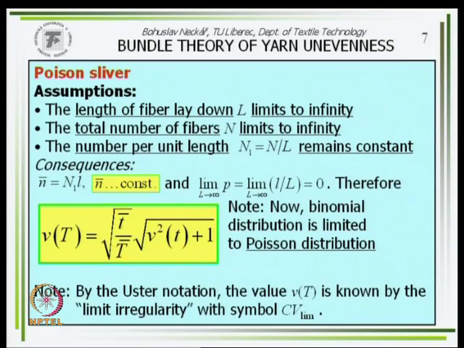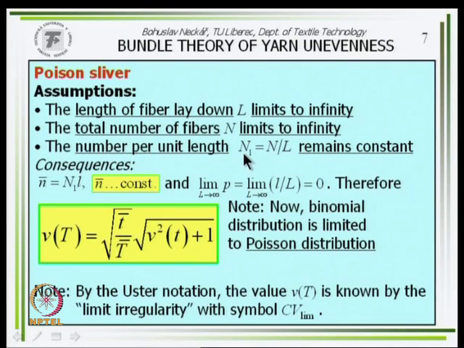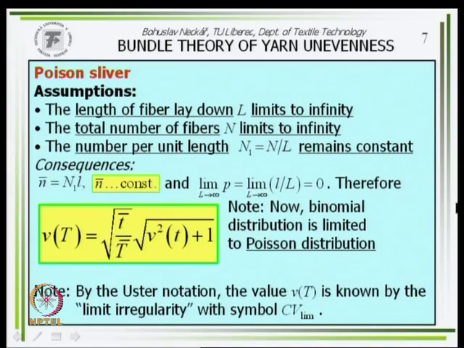It's higher and higher. Nevertheless, the number per unit length, N1, the number of all fibers by length, remains constant. So if I elongate capital L ten times, and increase the number of fibers also ten times, then N1 stays the same. It's the mean number of fibers per length unit.